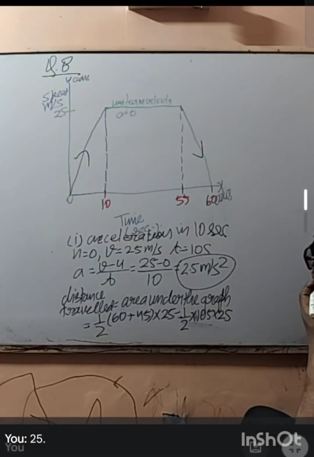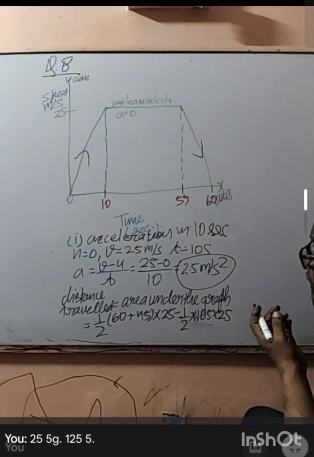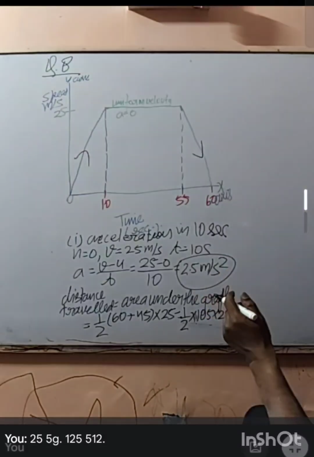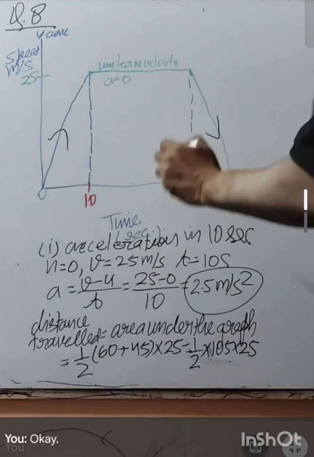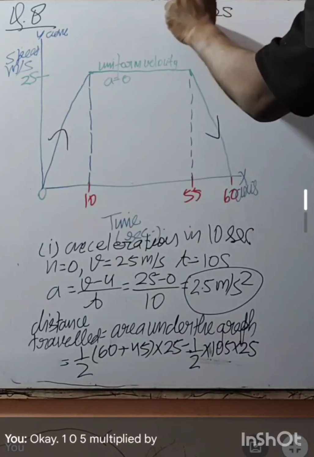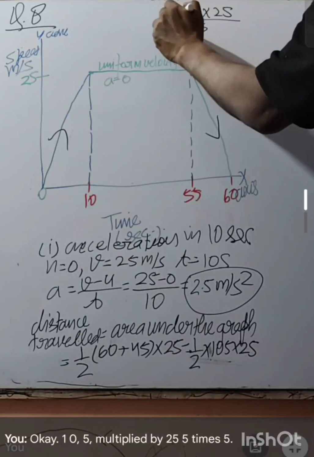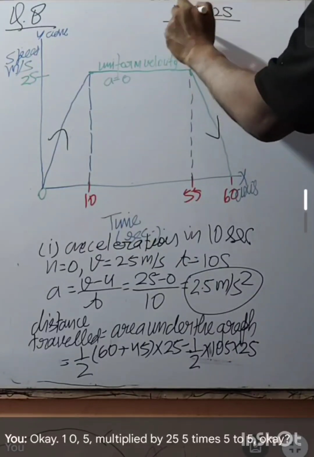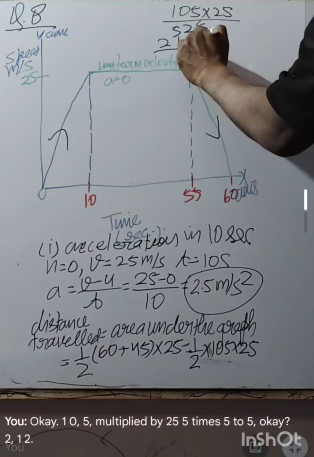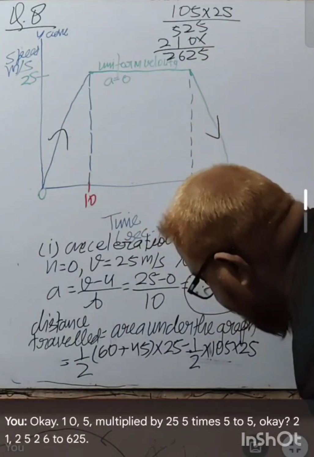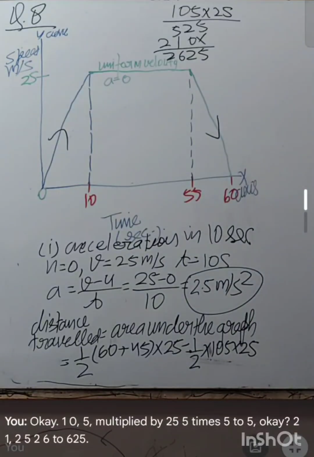25 fives are 125. 105 multiplied by 25, 5 times 5, 25, and so on, it is 2625.